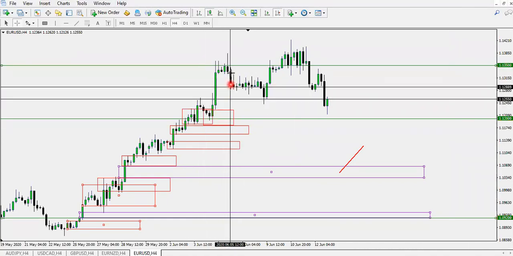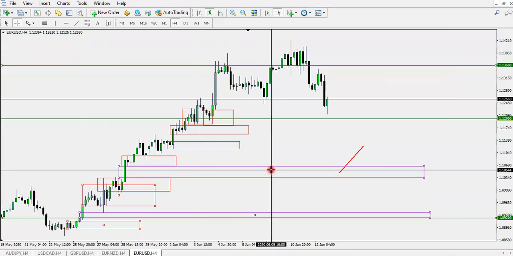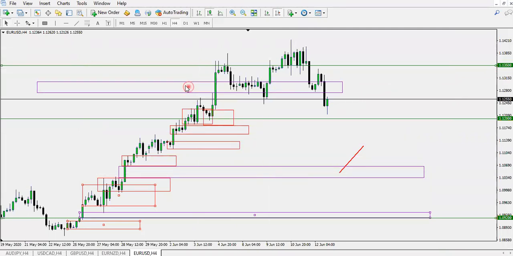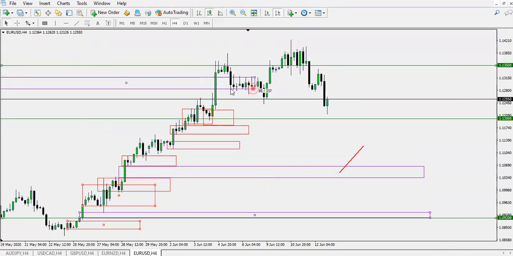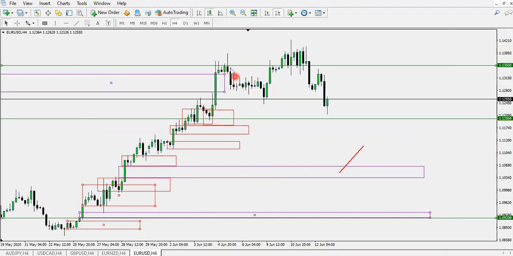13,500. So when price rallied up, you will notice that it also created a fair value gap over here. When price created this fair value gap, we had a rejection of the price at the 500 level, and price came in to fill that fair value gap.